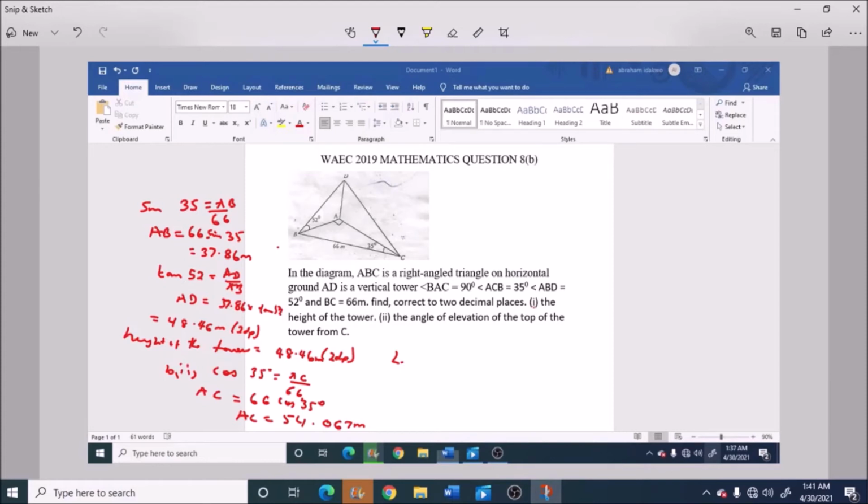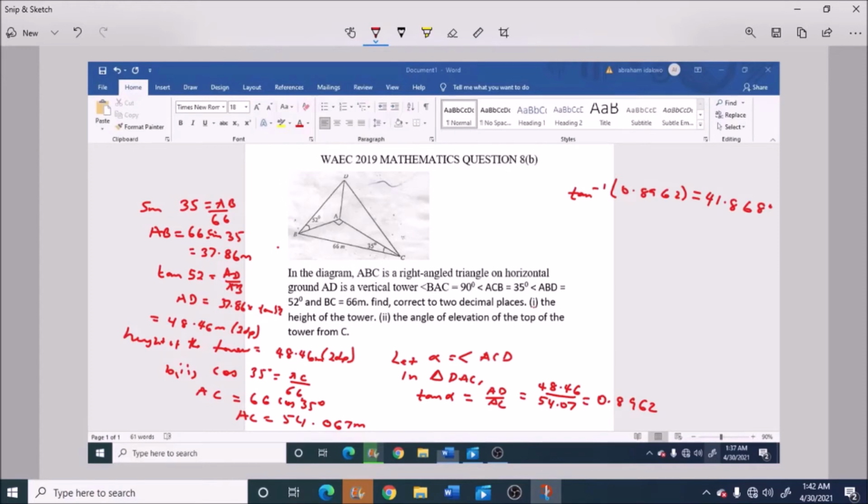Now the tan inverse of 0.8962 is equal to 41.868 degrees. So to two decimal places, it's equal to 41.87 degrees.